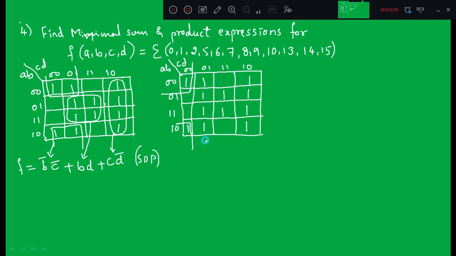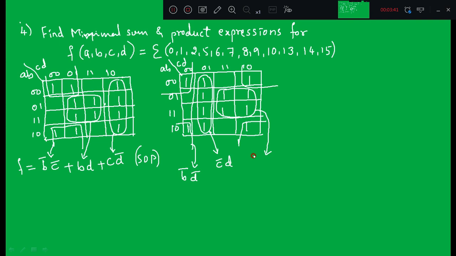So these corner min terms can be put in one group, right? So what is the expression for this? It is b bar and d bar, right? So next, these 4 can be put in one group. What is the expression for this? It is c bar d. Then b bar d bar, and these 4 can be put in one group. What is the expression for this grouping?